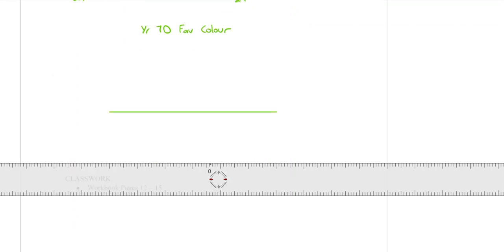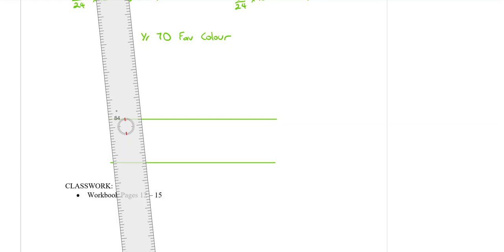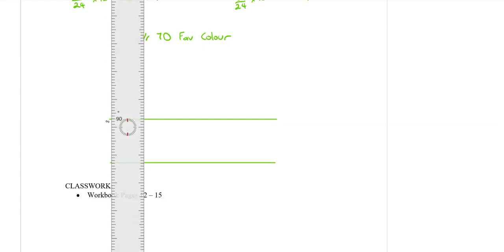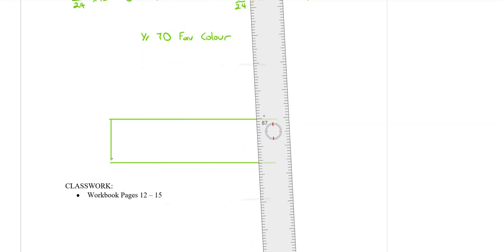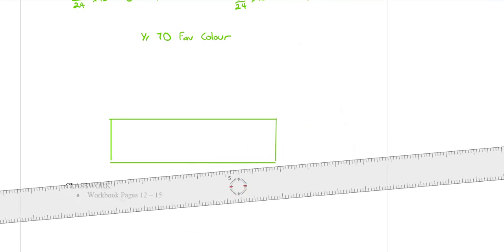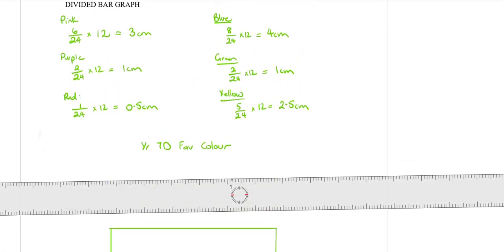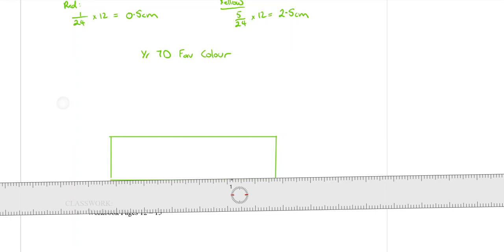Okay, then slide it up and do the same 12 centimetres and then connect the edge. Remember that the height of the bar is not important, but 12 centimetres and nice straight right angle edges is important.